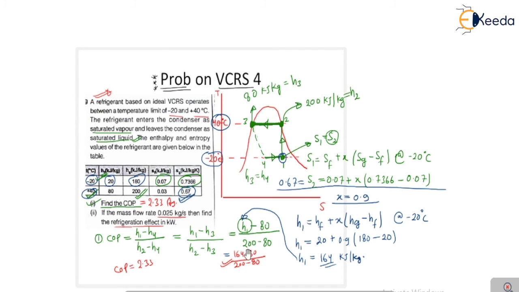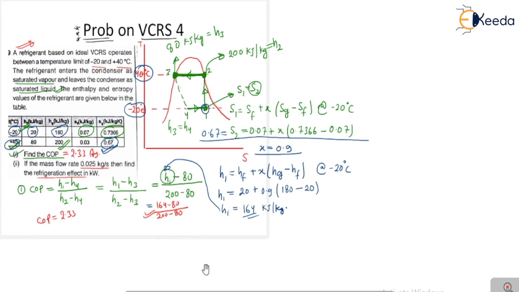So my dear friends, if we are going for a second question, and the mass flow rate given is 0.025 kilojoule per second, find the refrigeration effect in kilowatt.